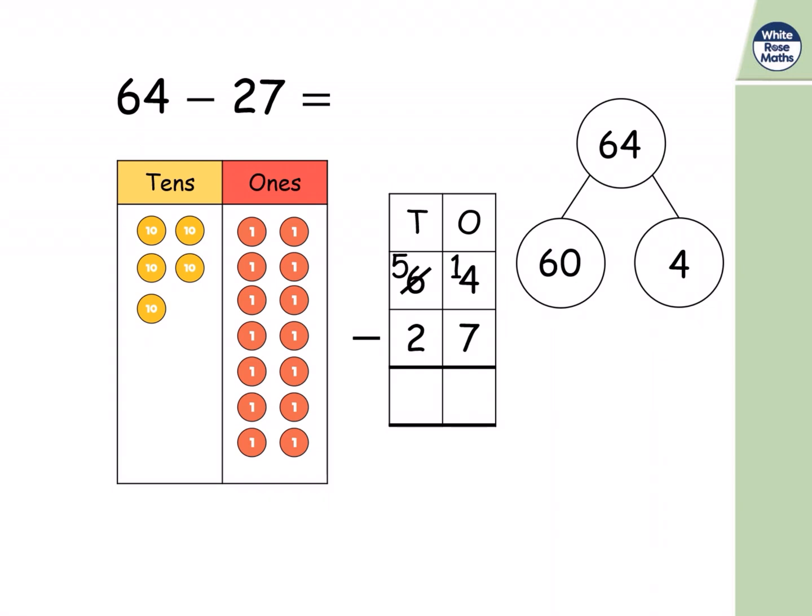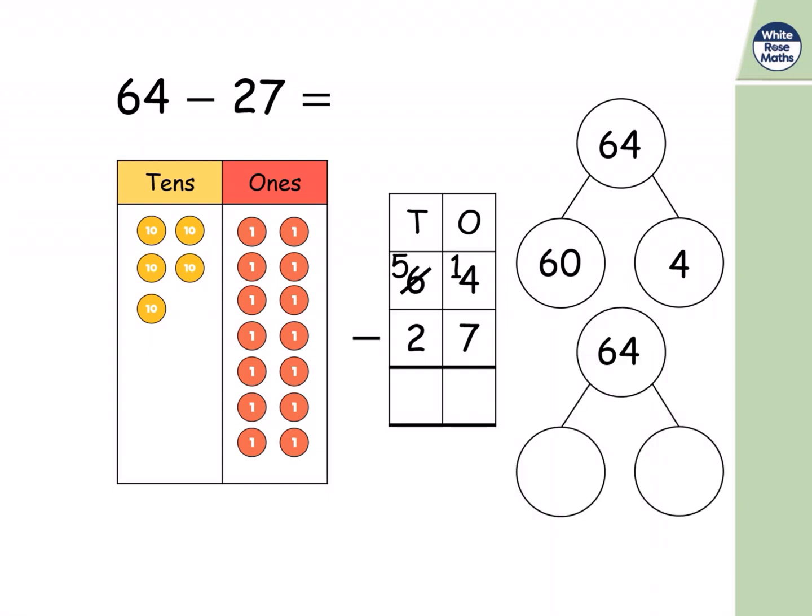This might help this become clear. At first we partitioned 64 into 60 and 4. And now we still have 64, we've just partitioned it into 50 and 14. Okay, let's subtract those 7 ones. 1, 2, 3, 4, 5, 6, 7.